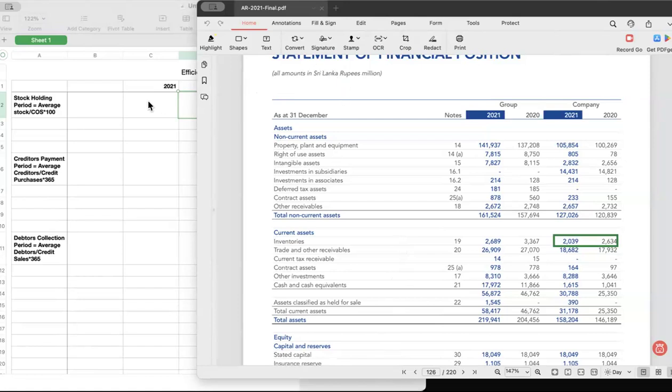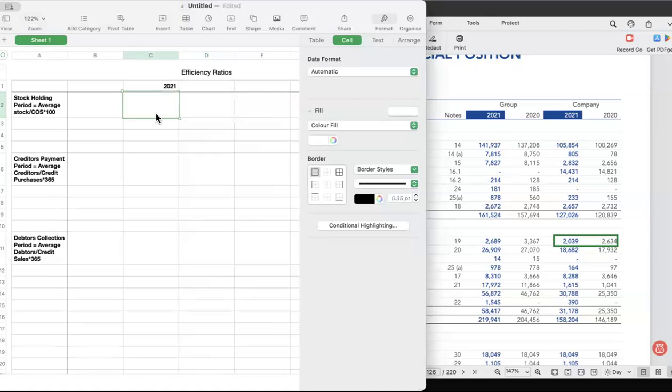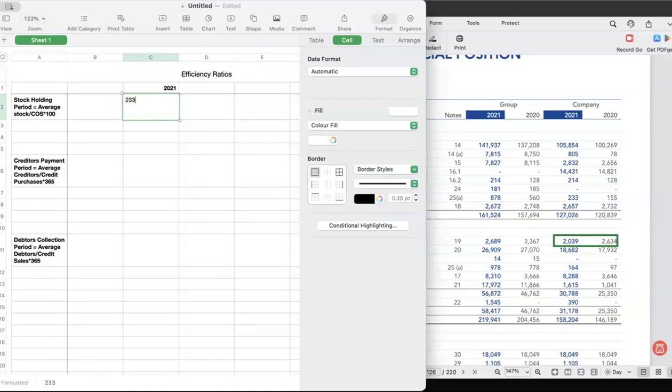Therefore, I'm only going to calculate this year, but you have to find the annual report of 2019 and calculate it when you're doing your analysis. So average stock is 2,039 plus 2,634 divided by 2. Kaushi's answer is 2,337. I rounded it off.